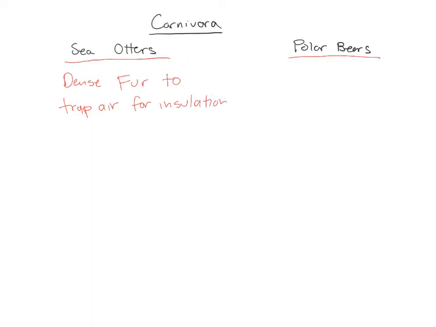Now, the air doesn't stay trapped in there, so it spends a great percentage of its day preening and getting the air trapped in there. So it has to spend a lot of time going over its fur and making sure it has that air trapped in there.